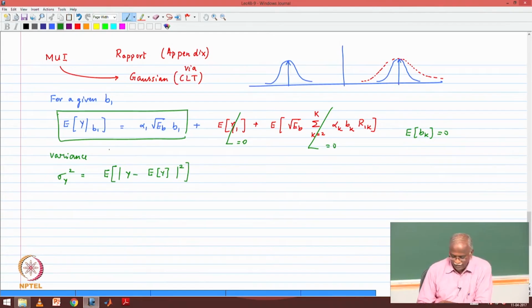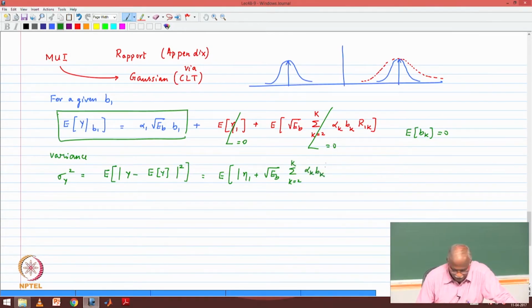So if I now write y minus this thing, only the noise terms will be present. So this will be equal to the expected value, since the signal part gets cancelled, of the magnitude squared of eta 1 plus square root of EB summation k equal to 2 to uppercase K alpha k bk r 1k.